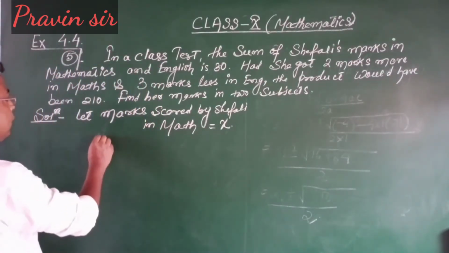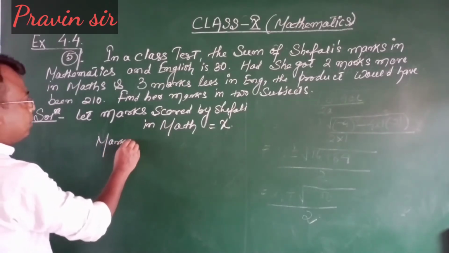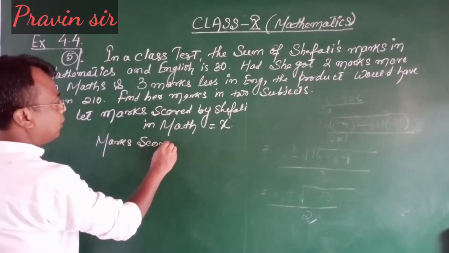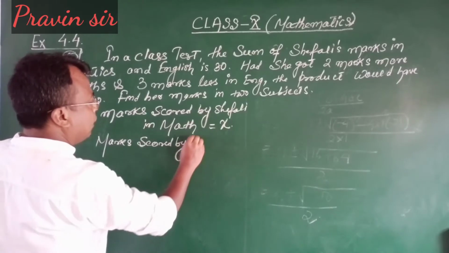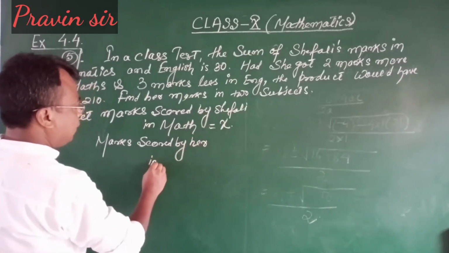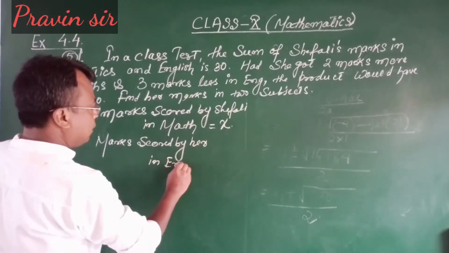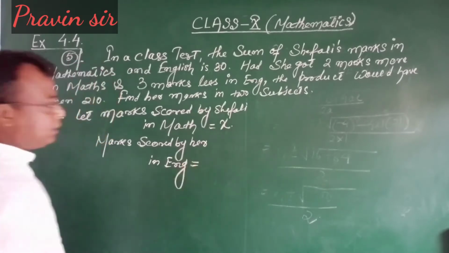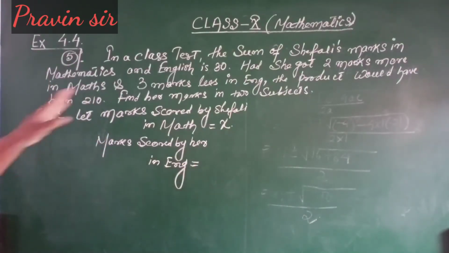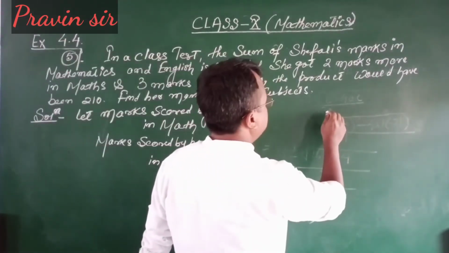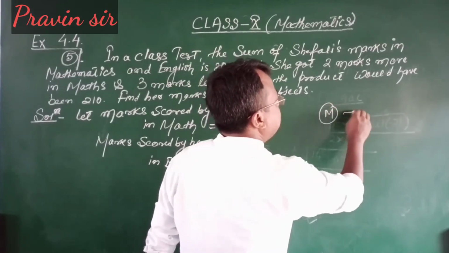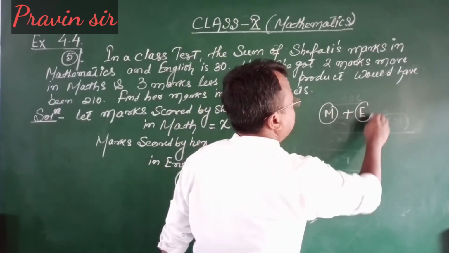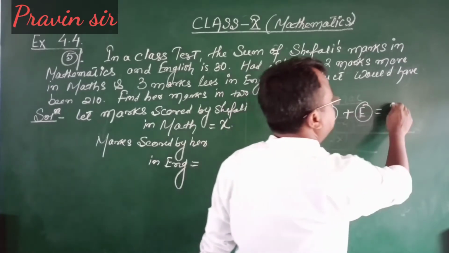Okay. Now can you tell me what is the marks scored by her in English? Yes, that is the question now. That is the main part now. See dear children, mathematics plus English, total marks is given how much? 30.